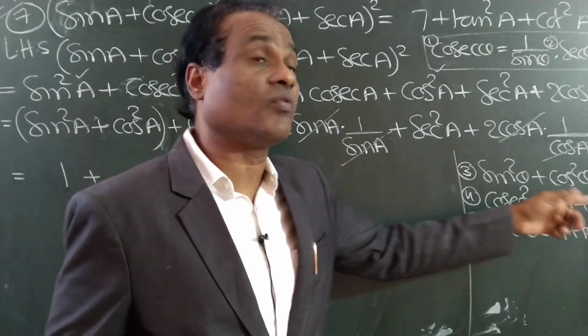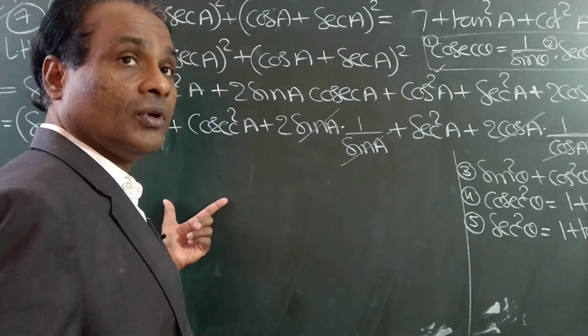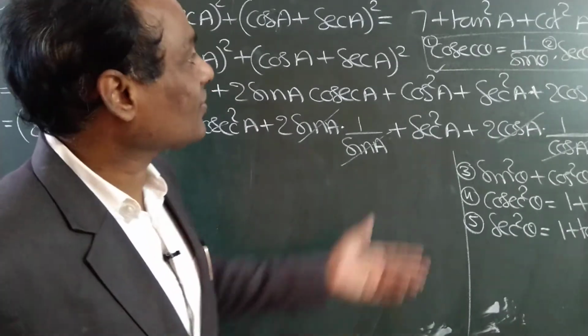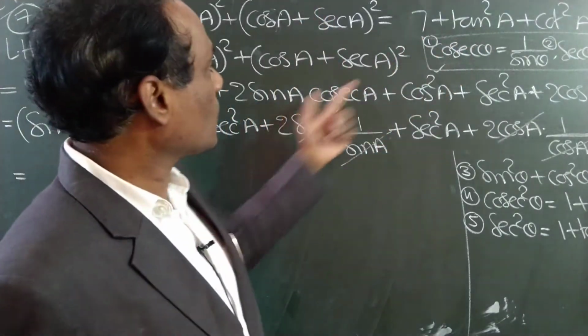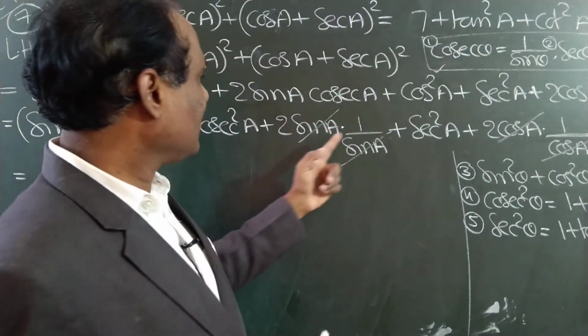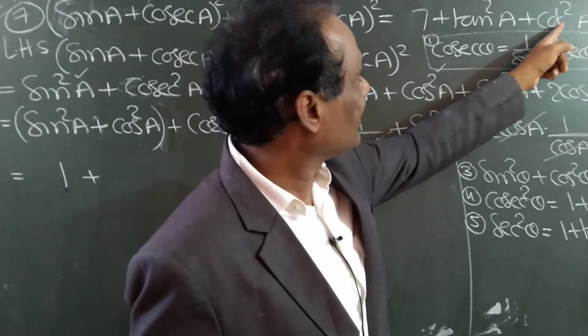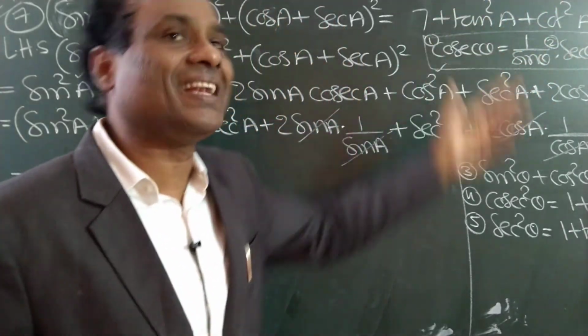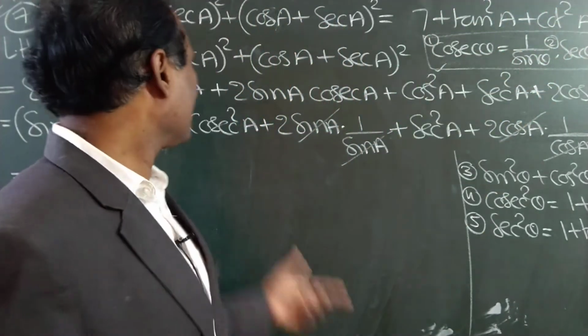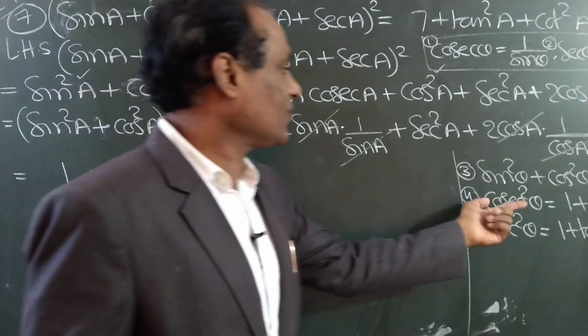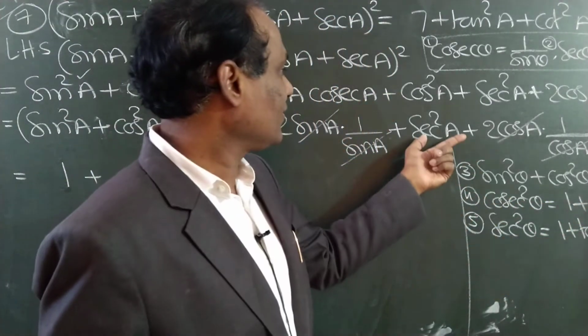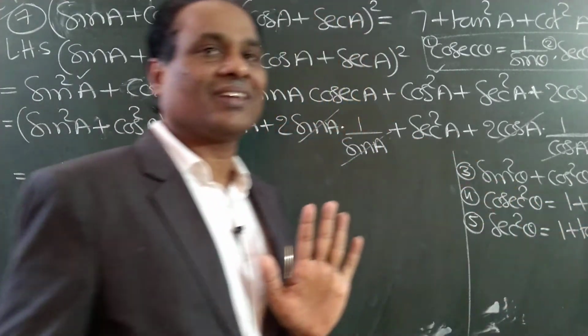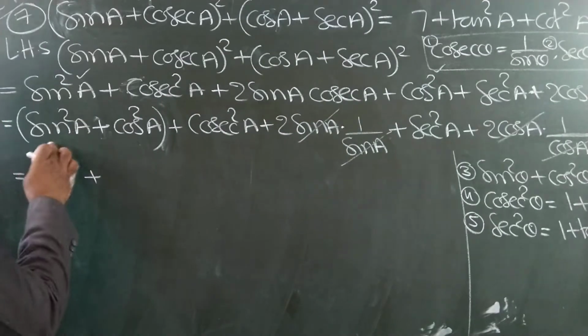Because in the proof there is no cosecant or secant; tan and cot are introduced. So we use the formula cosecant square is equal to 1 plus cot square, and secant square is equal to 1 plus tan square. Don't write, this is 1 now.